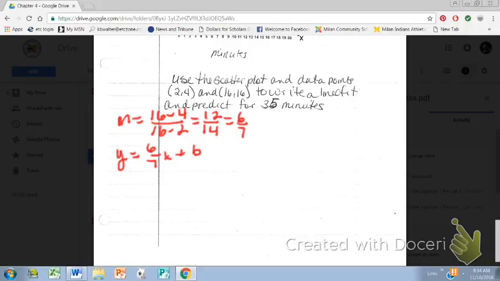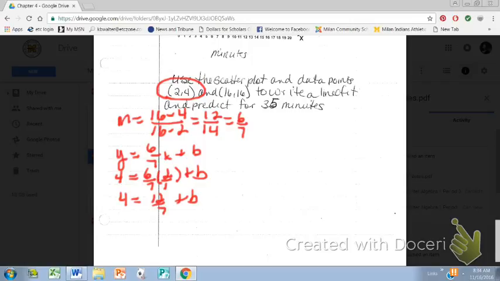Now I'm going to pick the lower of the 2 points, which would be 2, 4, and plug them in. So 4 for y equals 6/7 times 2 plus b. I'm going to put 2 over 1. So 4 equals 12/7 plus b.